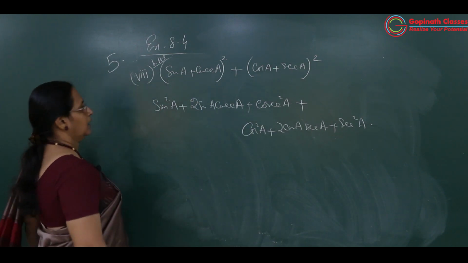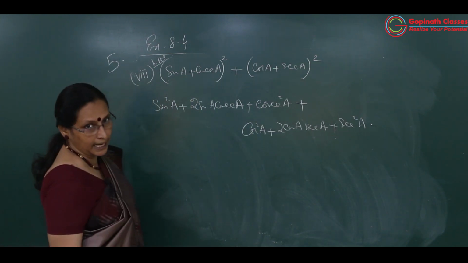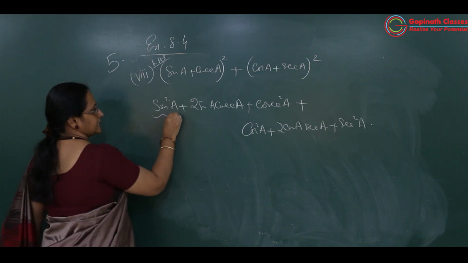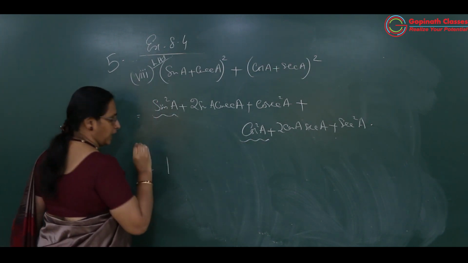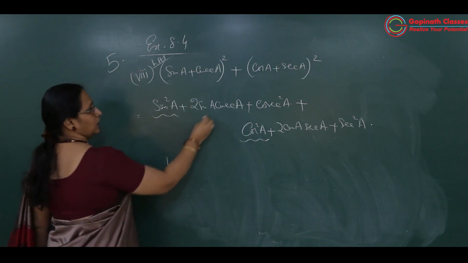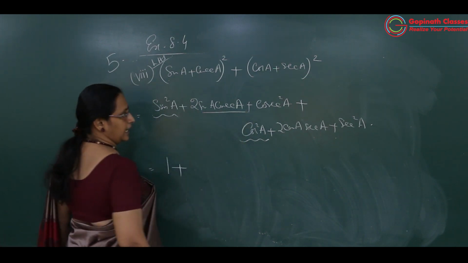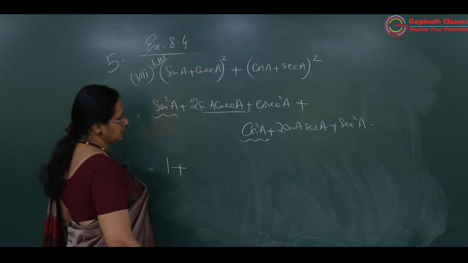Now, can we see any identity here? We can see sin square A plus cos square A, which is 1, plus, look at this, what is this? Sin A and cosec A, which are reciprocal to each other.